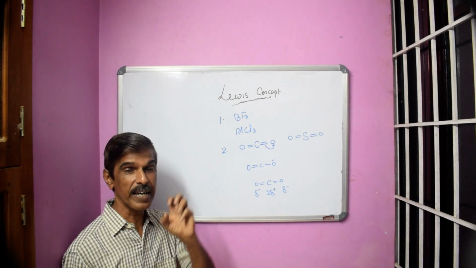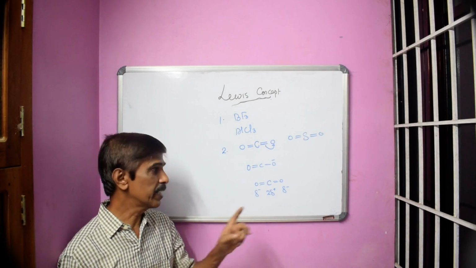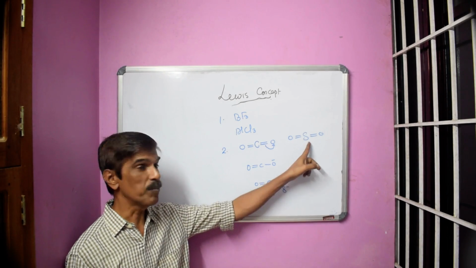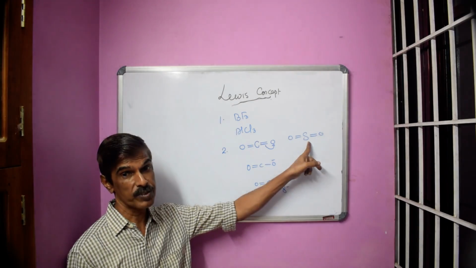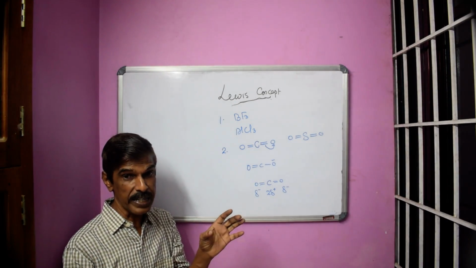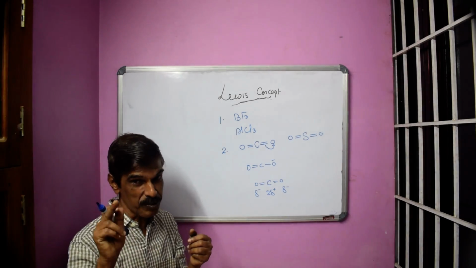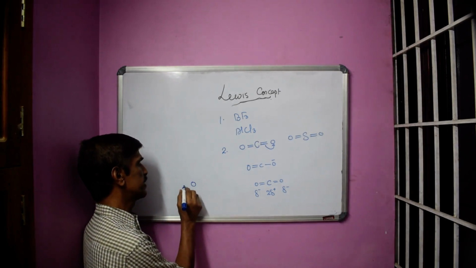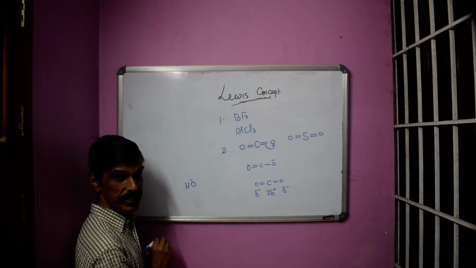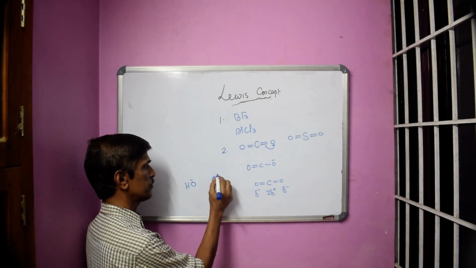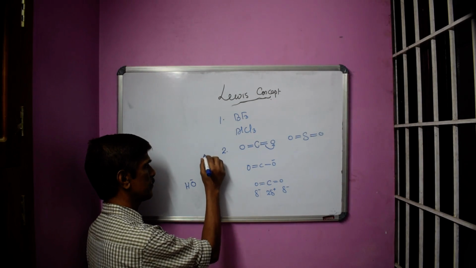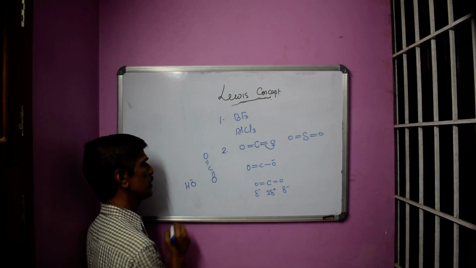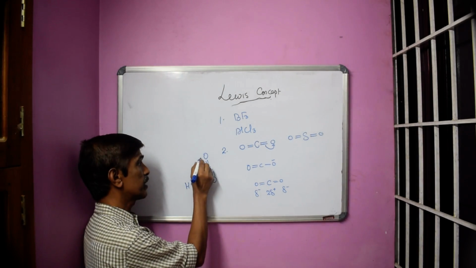a pair of electrons. It can accept a pair of electrons, the carbon atom or the sulfur atom, which is bonded to 2 highly electronegative atoms with of course a multiple bond. What happens actually when the base, say an OH minus, attacks? You can see that a shift may take place like this.